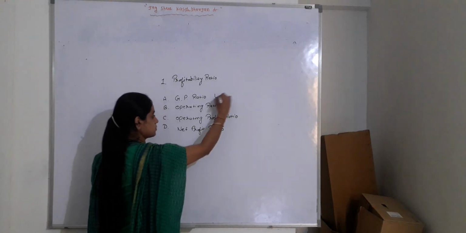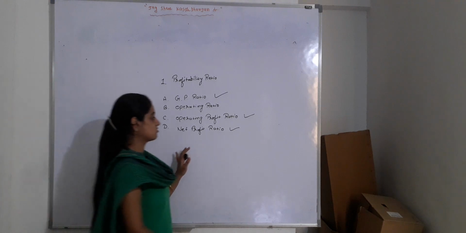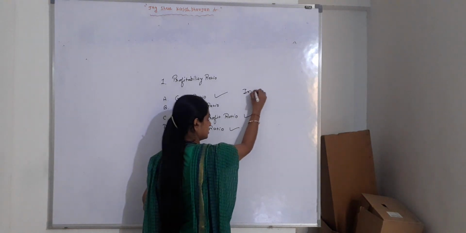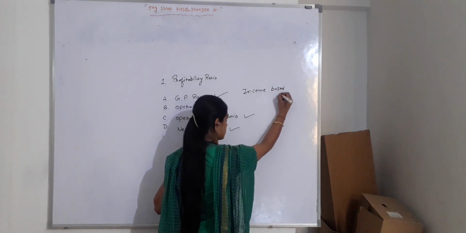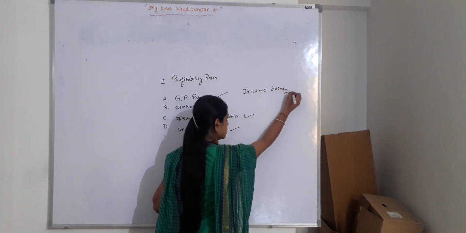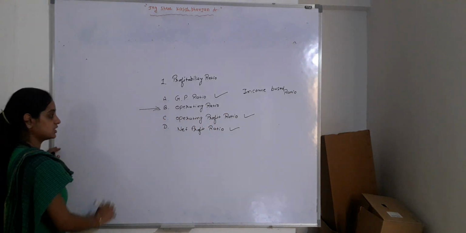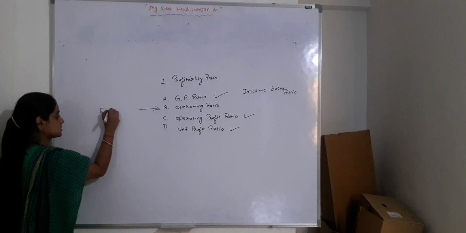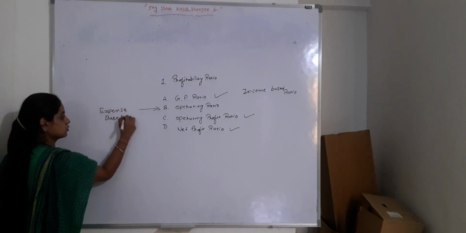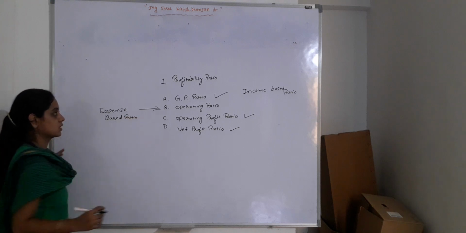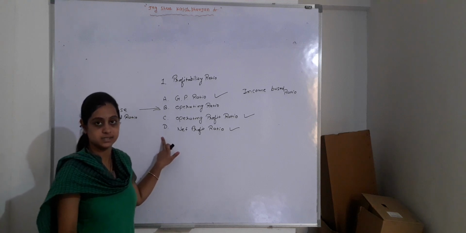Gross profit ratio, operating profit ratio and net profit ratio are income based ratios. We have already discussed that. Only operating ratio was an expense based ratio, right? All these ratios are found in terms of percentage.